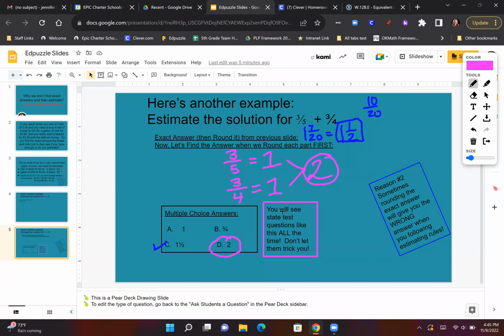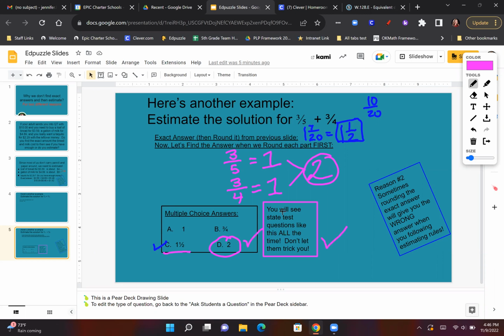So we always want to make sure that we're rounding each part first when it asks us to estimate. You're going to see lots of state test questions like this, and they will give you the correct answer if you rounded the exact answer. So they're going to give you that choice, and they'll also give you the correct choice. So you'll see questions like this all the time on state tests. Don't let them trick you.